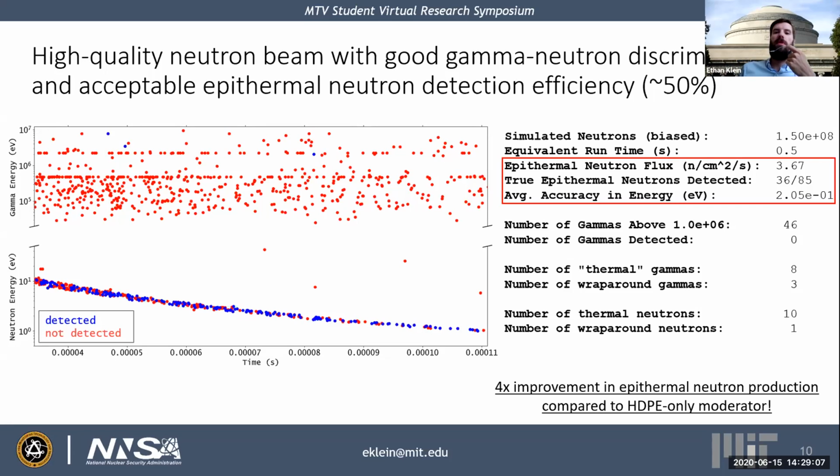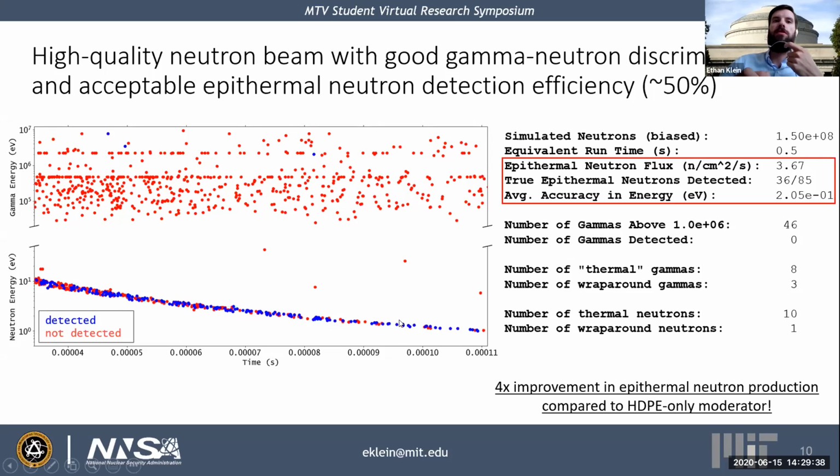What we see is that if we go from a 1-inch thick neutron scintillator down to a 5 millimeter thickness, one, we can improve the solid angle coverage. And in addition, we only decrease our neutron detection efficiency to about 50%, while severely cutting out detection of gammas. What you see in this plot shows the epithermal neutron energy during the epithermal time-of-flight window.